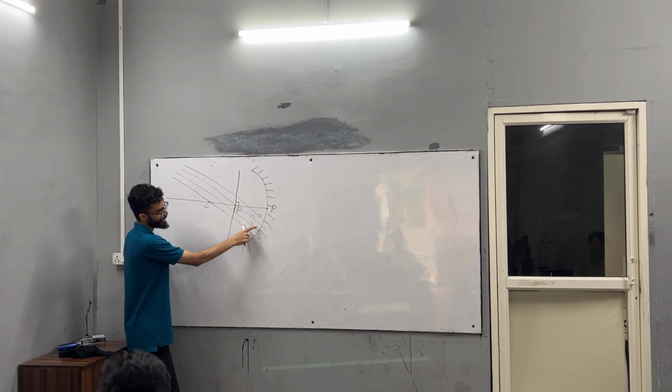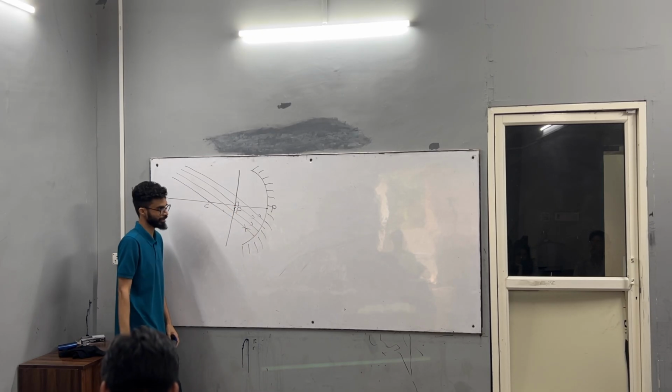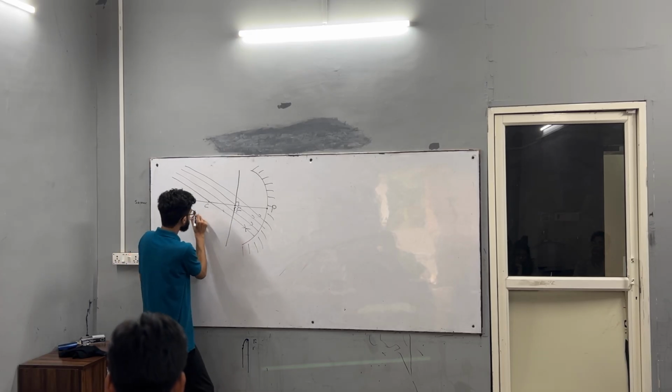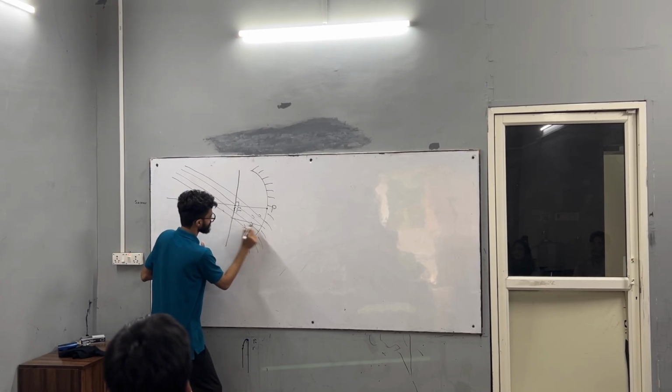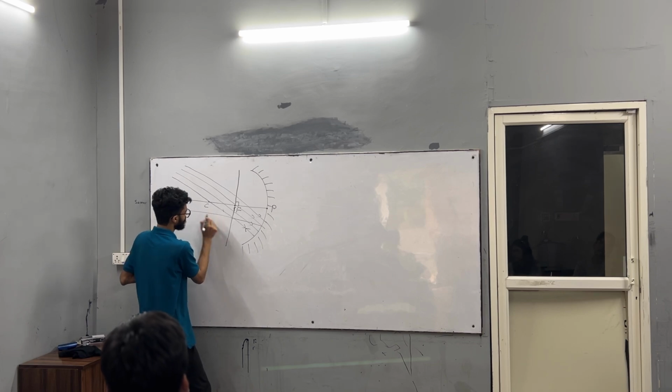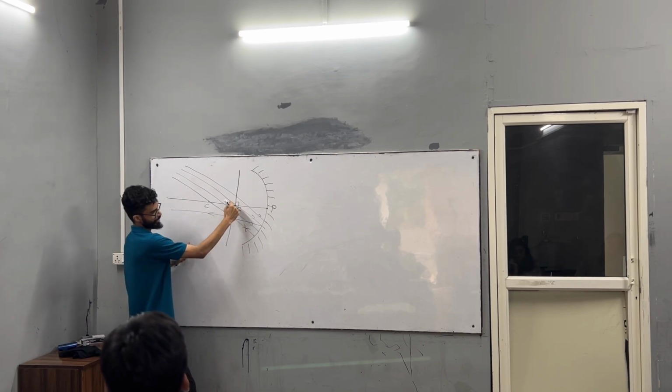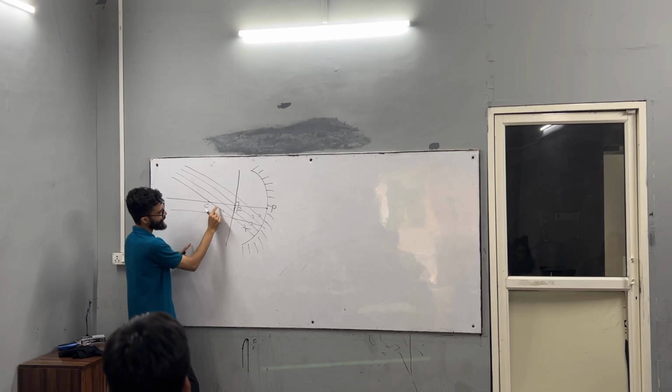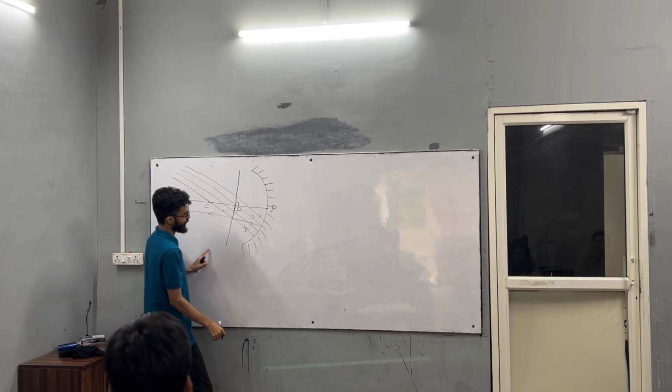What about this light ray passing through the focus? Parallel to the principal axis. So if I draw this, will the ray look like this? It came from the focus and it became parallel to the principal axis. Now the other two light rays.